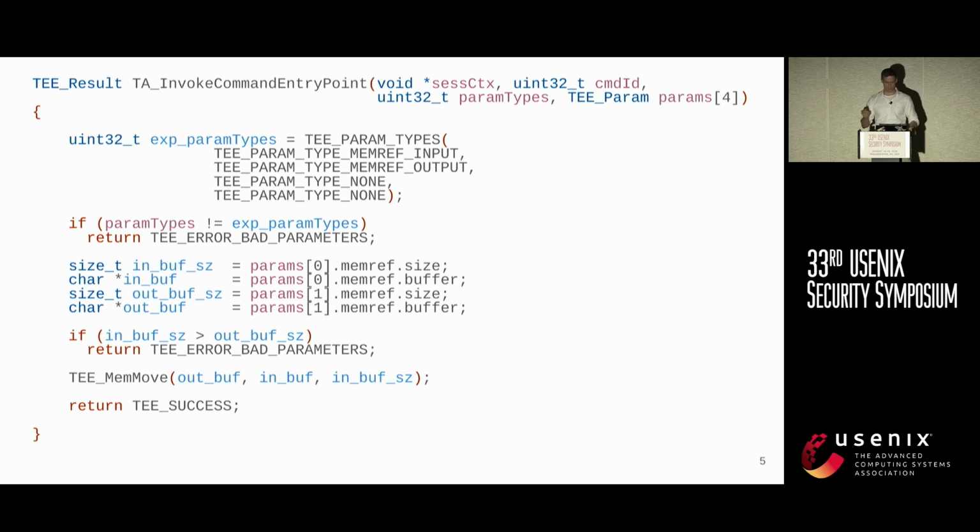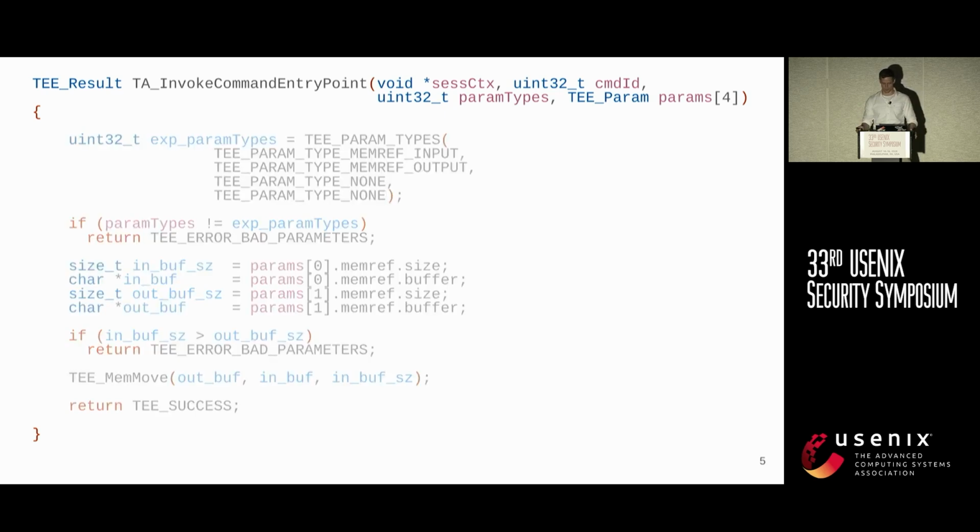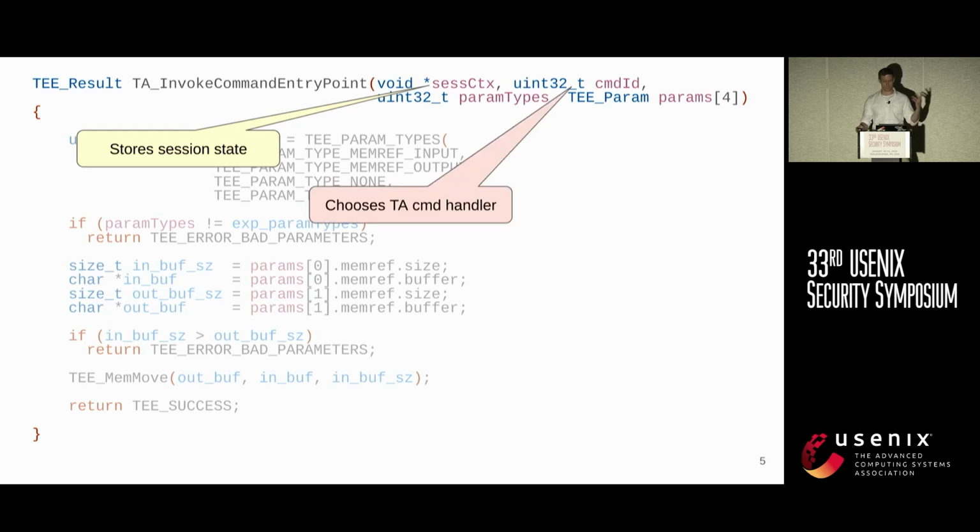Let's take a look at the signature first. You see 4 parameters. The first one is for storing session-dependent data, which is not super relevant for us. Then we have 3 more parameters that are untrusted data and directly controlled by attackers. One is the command ID. Trusted applications typically implement different command handlers, and the command ID is the identifier to choose one of them.